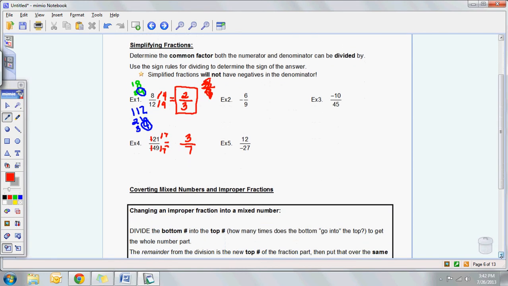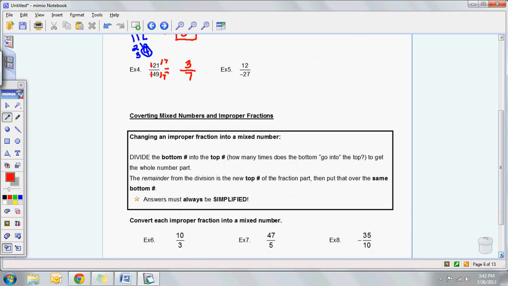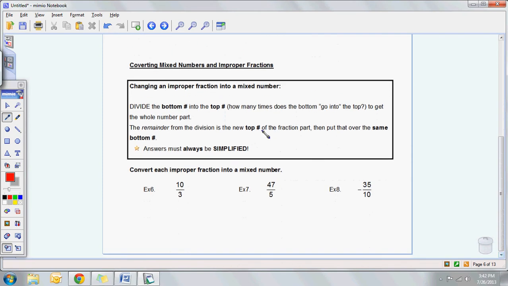Let's move on to the next part, which was our conversions. The first thing is converting our improper fractions into mixed numbers. How we're going to do that is divide the top number by the bottom number. How many times can 3 fit into 10? If I do 10 divided by 3, it only fits 3 times without going over.